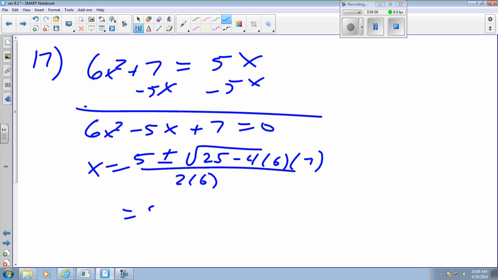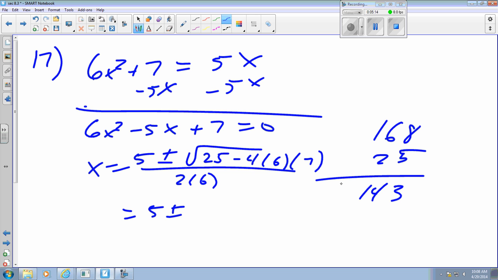Let's do some simplifying. 4 times 6 times 7 is 42, 84, 168. 25 minus 168, I get negative 143.